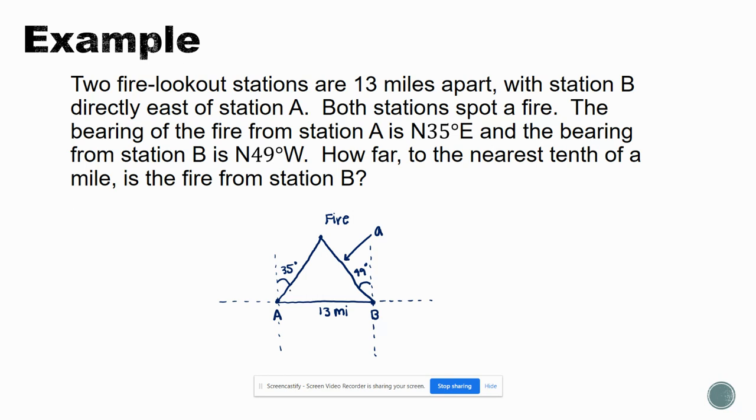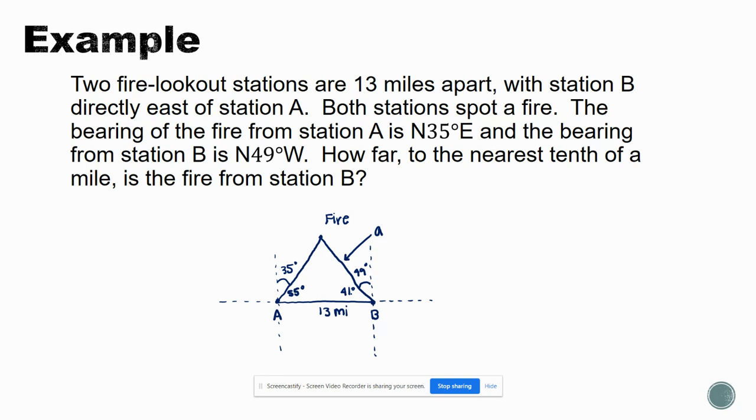So 35 degrees is there, then 55 degrees is inside, because they're complementary. They add up to 90. Then if 49 is on the outside over here, that means 41 is inside right there, because they are complementary.